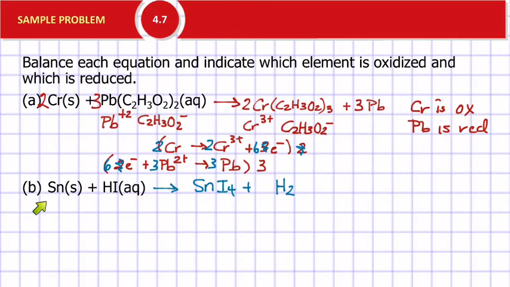Are the tins balanced? Sn and Sn? Yes. How about the hydrogens? No. And the iodines aren't balanced either. So I've got four iodines over here, so I'm going to put a 4 here. And then I've got 4 hydrogens, and I only have 2 hydrogens over there, so I'm going to put a 2.